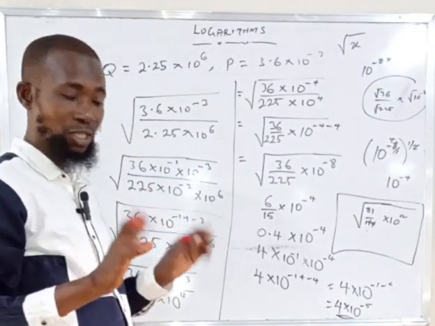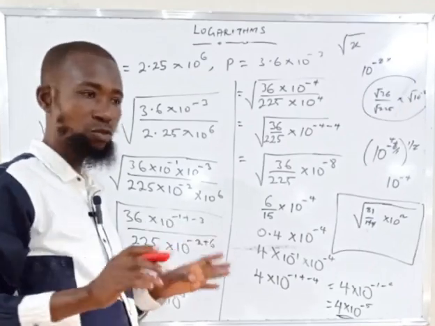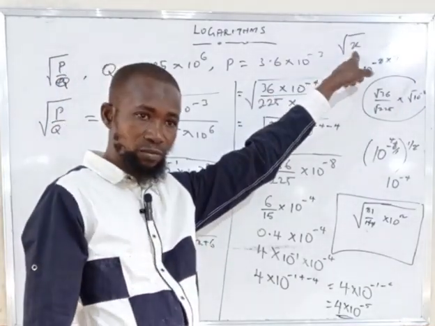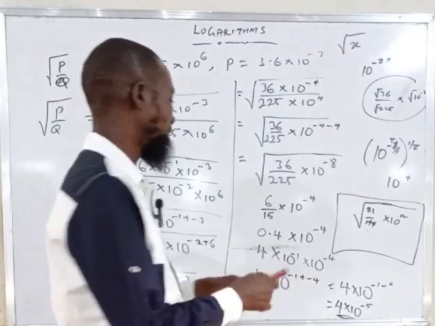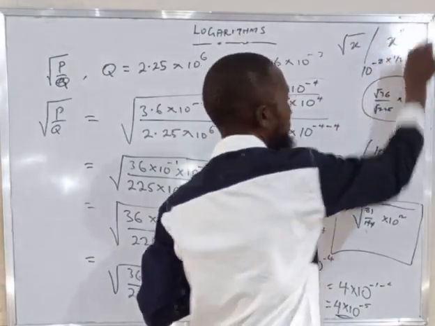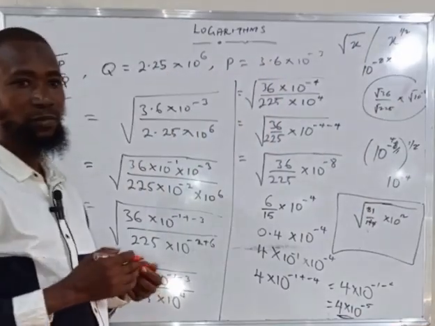Maybe this is what you should go and note. There are two ways by which you can write the square root of any number in mathematics. This is the general one. The other one is x raised to power half. Is it clear?